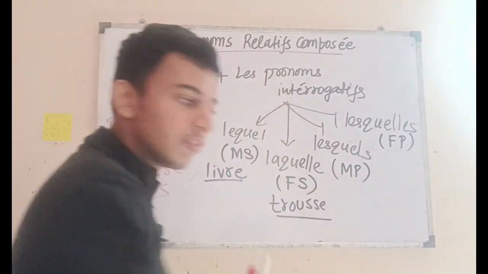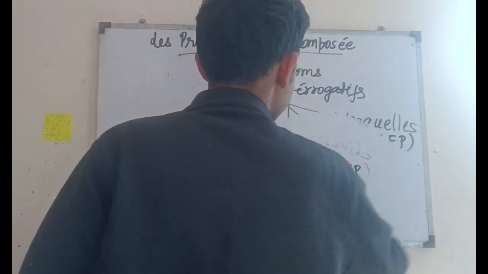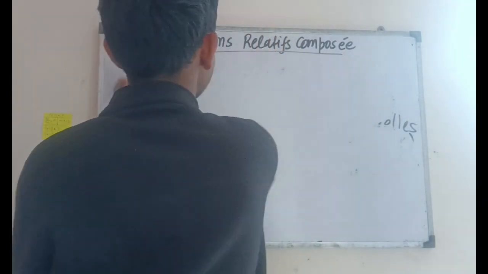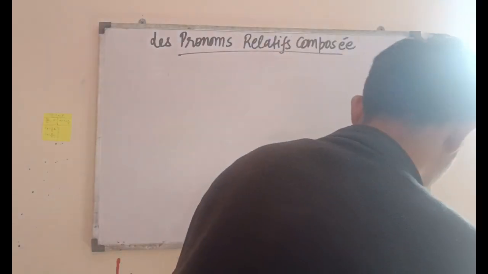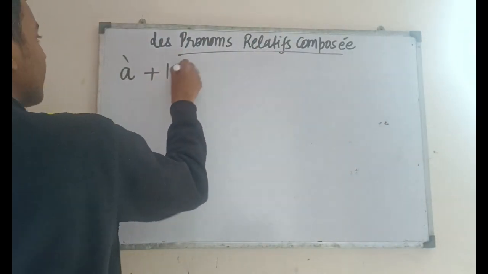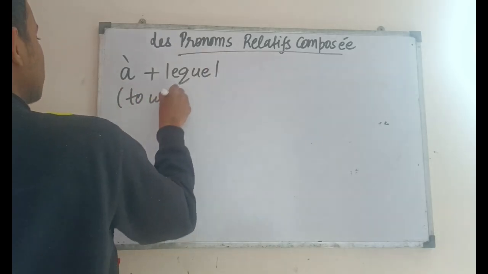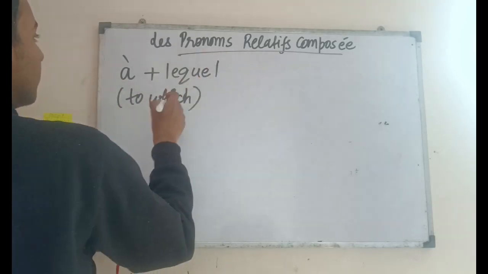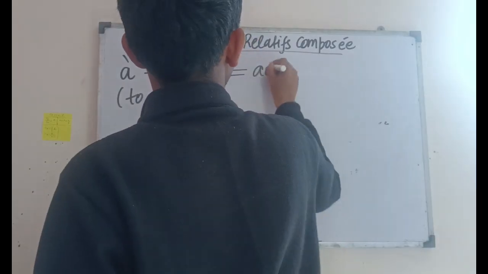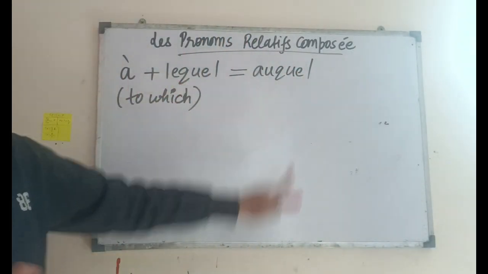Now let's talk about a very interesting case, which is asked too much in the examination and is very important from the examination point of view. Always remember, when à combines with lequel, it gives the meaning of to which. It forms auquel. À plus lequel forms auquel.